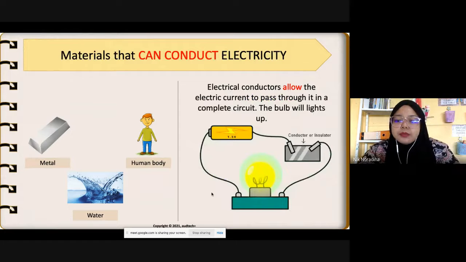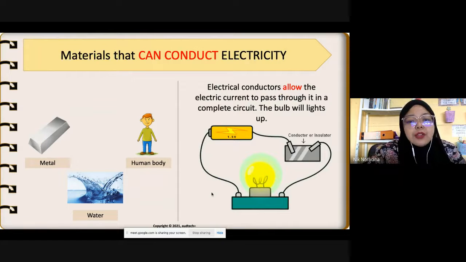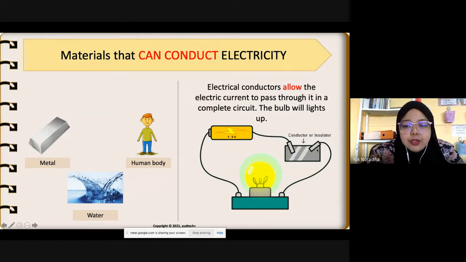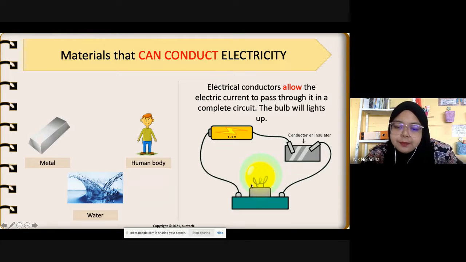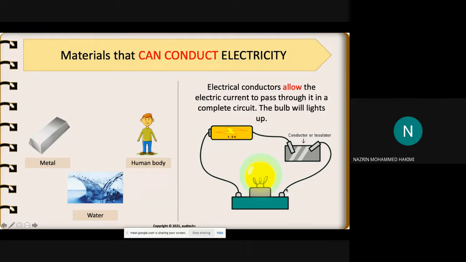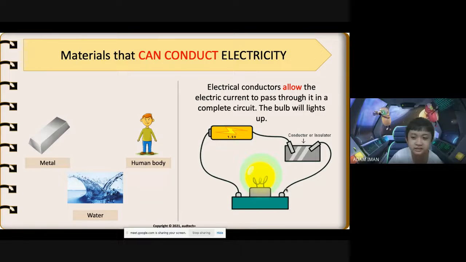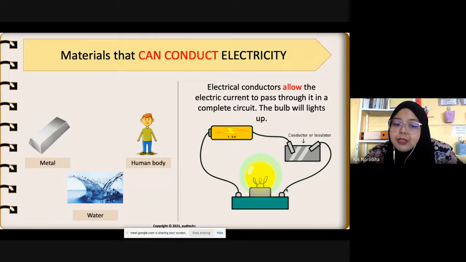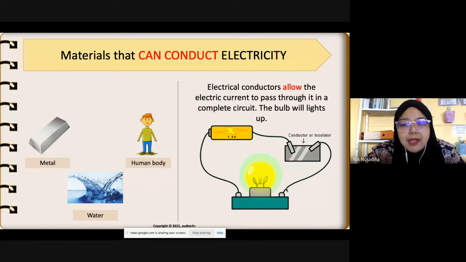So if you use conductor here, the bulb will light up or not? Yes, the bulb will light up. Why the bulb will light up?